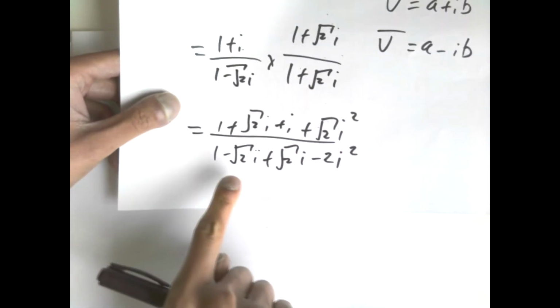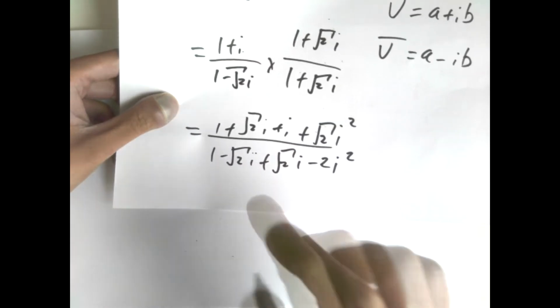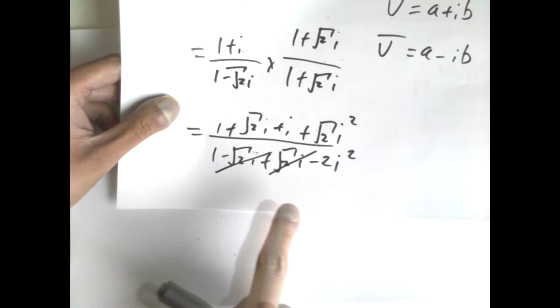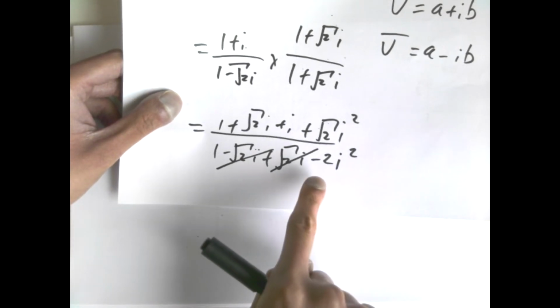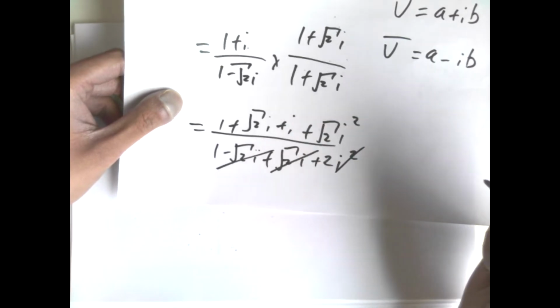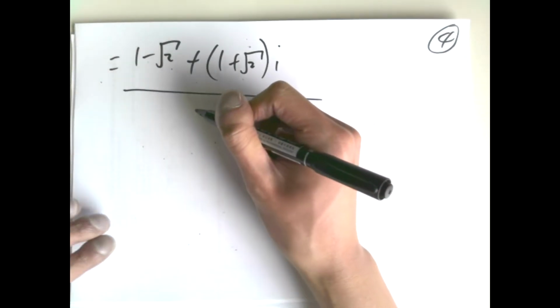Now, minus root 2i plus root 2i, the cross terms will cancel off, leaving us with 1 and minus 2i squared, but i squared is going to be plus 1. So 1 plus 2 is going to be 3.